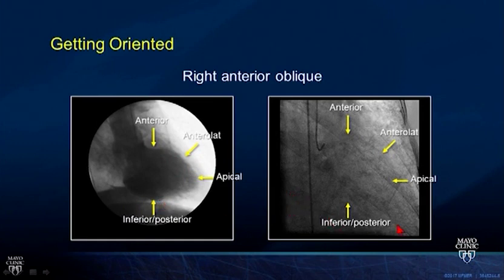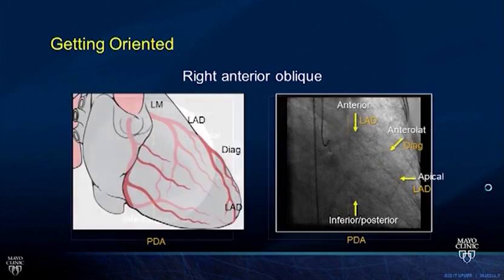So even if you don't have the LV gram and you're just getting ready to shoot the coronaries, you already know that the anterior wall is up here, so you'd expect the LAD and diagonals up here, and then the inferior wall is here. So these are the arteries superimposed on that same view. LAD, diagonal, LAD supplying the apex, and then the posterior descending artery down here on the inferior wall.